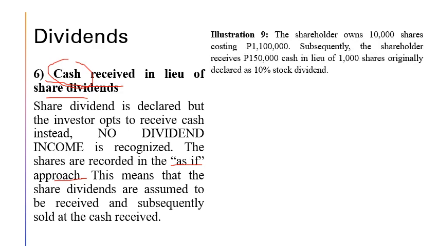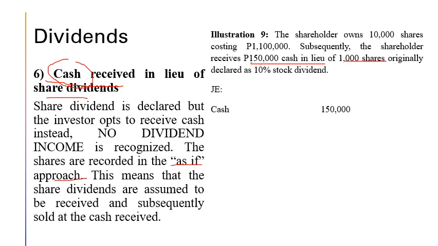For example, the shareholder owns 10,000 shares costing 1,100,000. Then the shareholder receives 150,000 cash in lieu of the 1,000 shares originally declared as 10% stock dividend. Again, yung pinili is the cash instead of the shares.